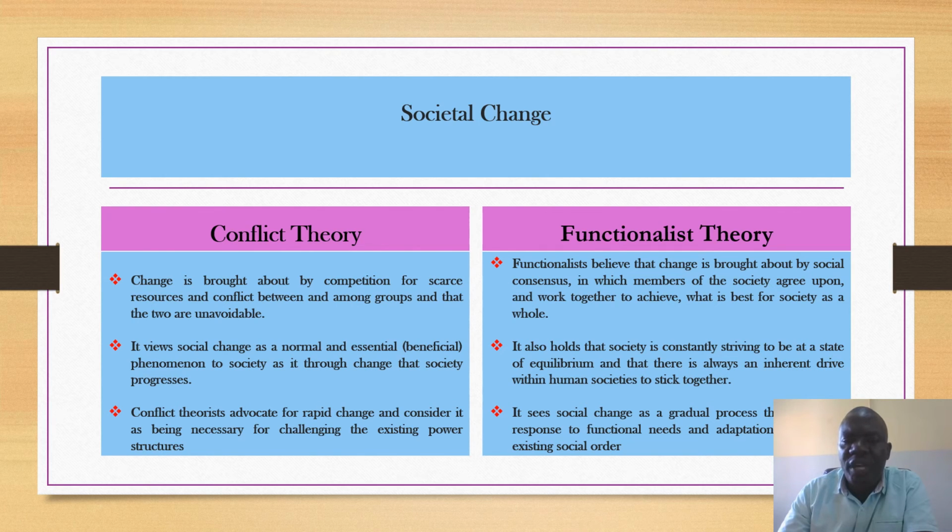But for functionalism, they prefer gradual change and incremental change, slow change, and also small level change. While for conflict theory, they prefer rapid and large scale change. Again, that is a major point of departure between the two sets of theories.